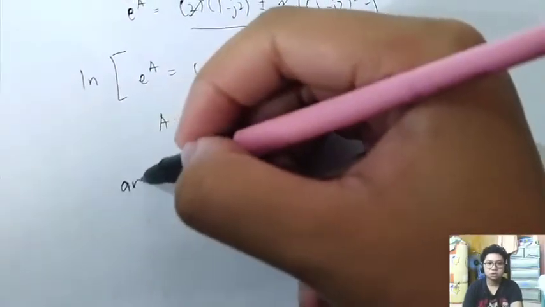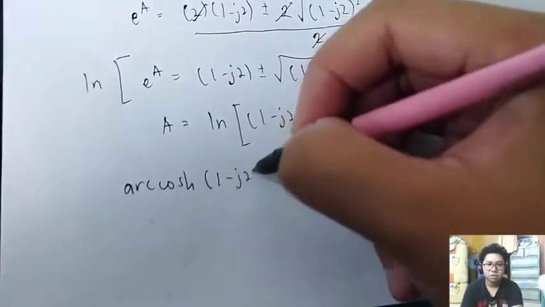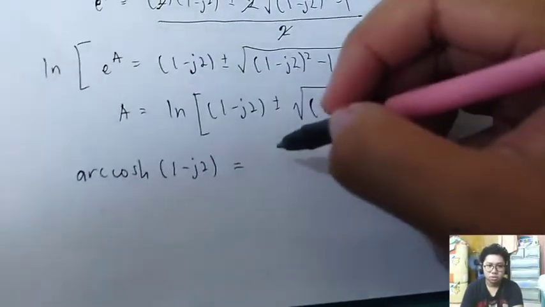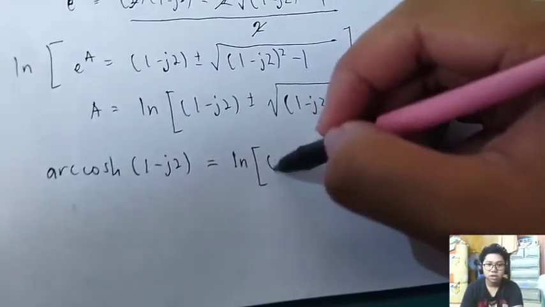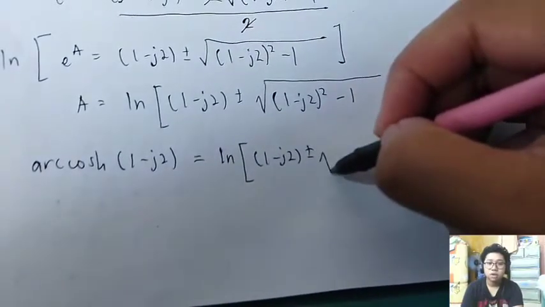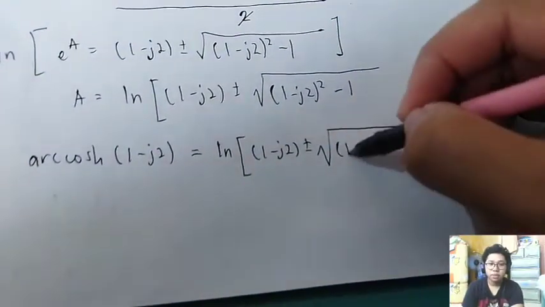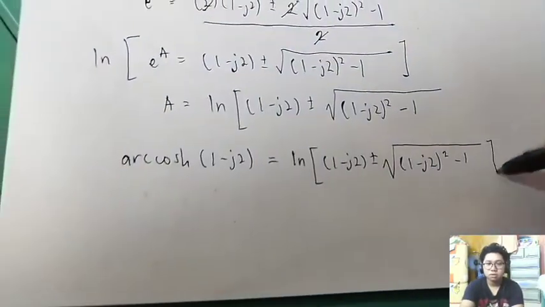So the arc cosine hyperbolic of 1 minus j2 is equal to the ln of 1 minus j2 plus minus the square root of 1 minus j2 squared minus 1.